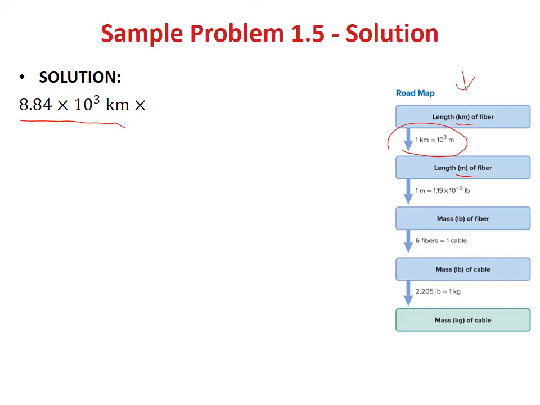We need to cancel kilometer, so kilometer is in the denominator, and 1,000 meter in the numerator, and that gives you meter. 8.84 times 10 to the third power, times 10 to the third power gives you 10 to the sixth power. So that is the meter length for the one strand.